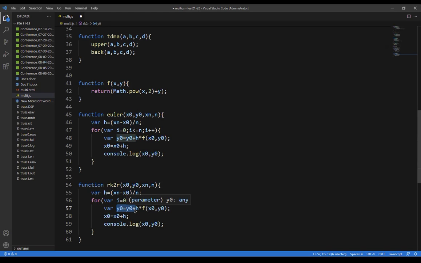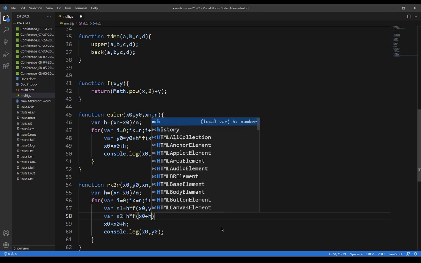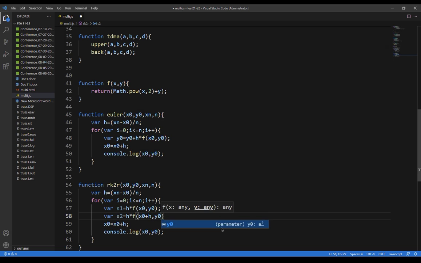So this is my S1, and I need S2 also, which will be equal to h into f of x0 plus h and y0 plus S1.